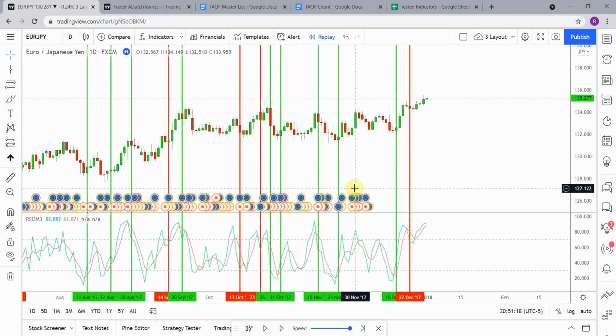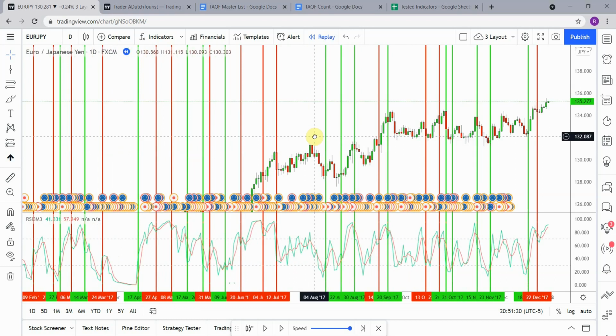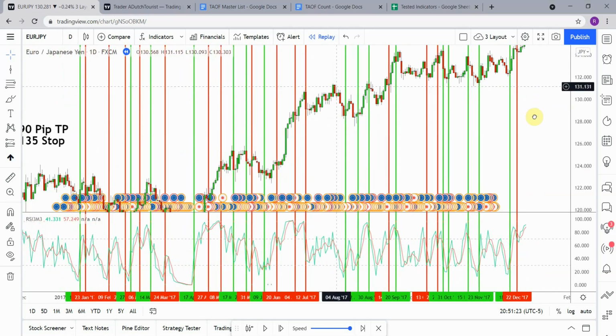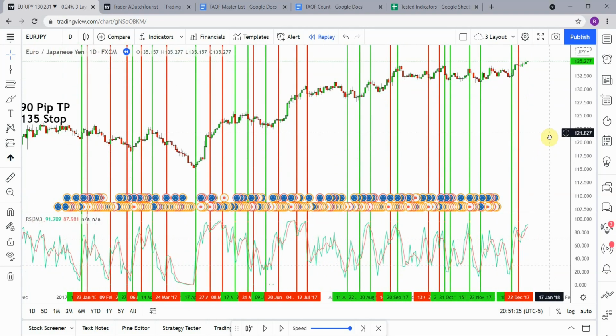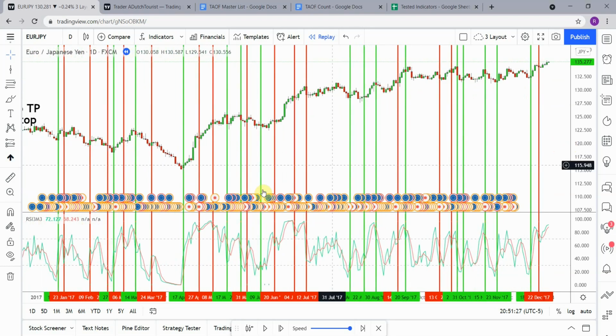All right, so let's go ahead and get everything in focus here with our indicator. There we go. Count these out and see what we get. So we have 31 trades altogether.